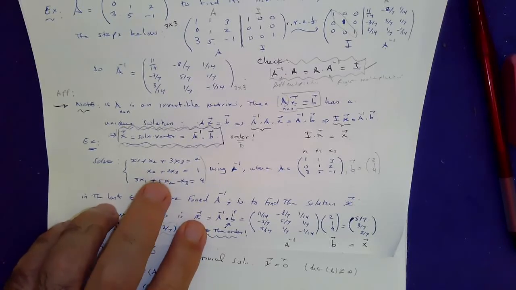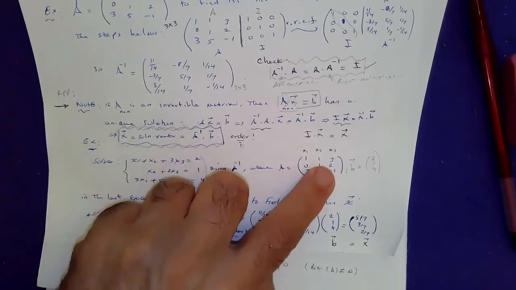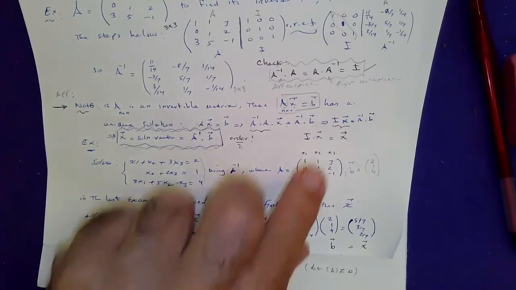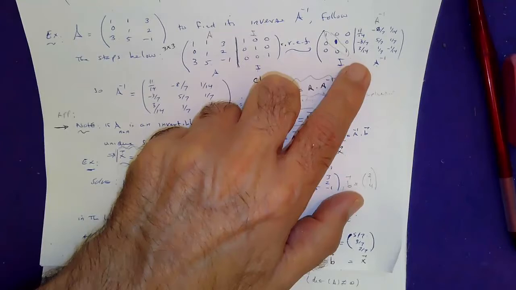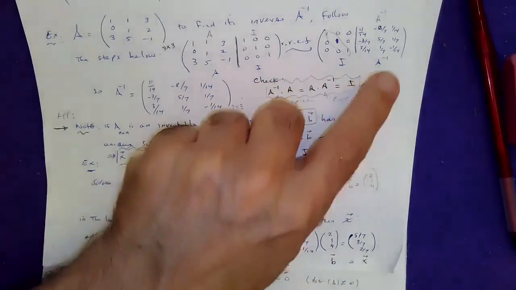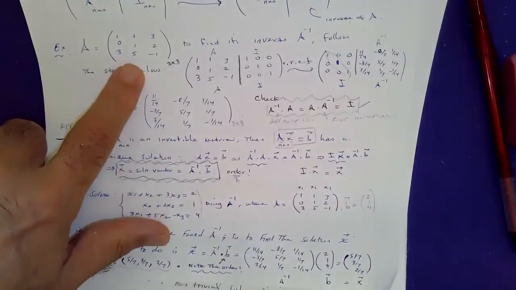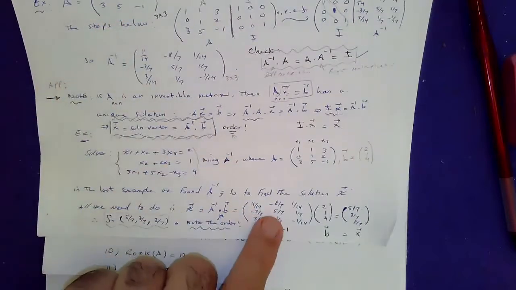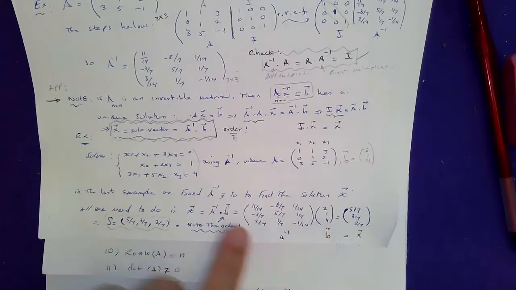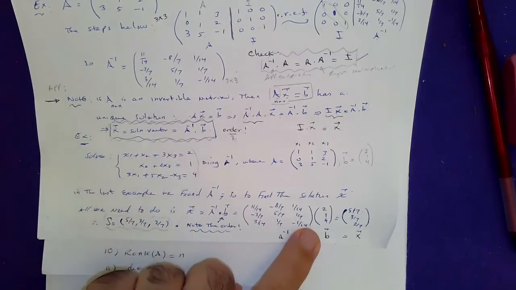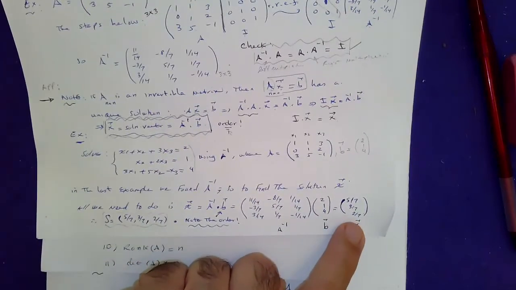Find the inverse of the coefficient matrix, which we already did right here in this example. I chose the system so it would match this matrix. These are the coefficients of my unknowns. Multiply that inverse by the column vector of constants, and lo and behold, you have your unique solution.